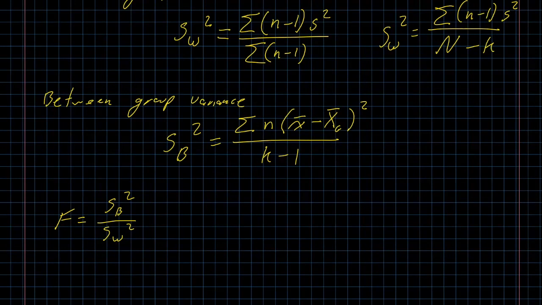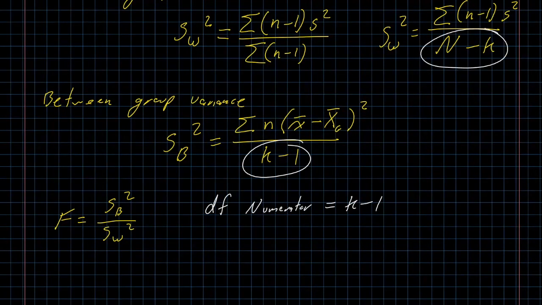In the numerator, we're looking at S_B. And this k minus 1 that shows up right here is the numerator df, df for the numerator, or sometimes just dfn. It is k minus 1. In the denominator, we're dealing with S_W.